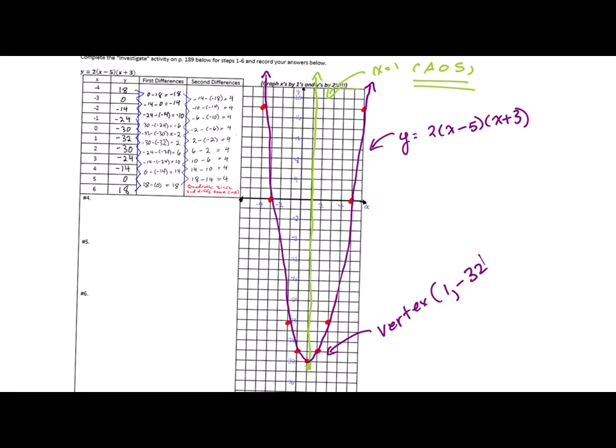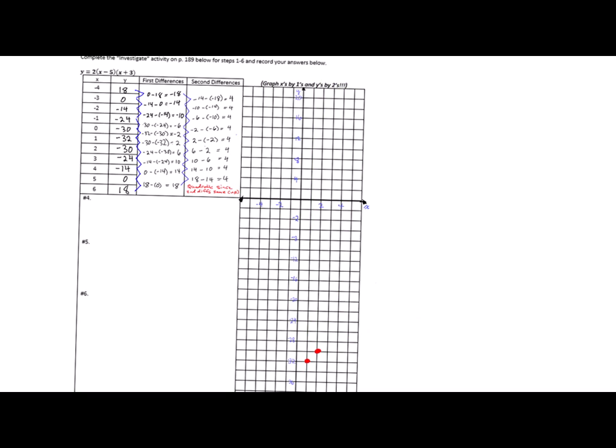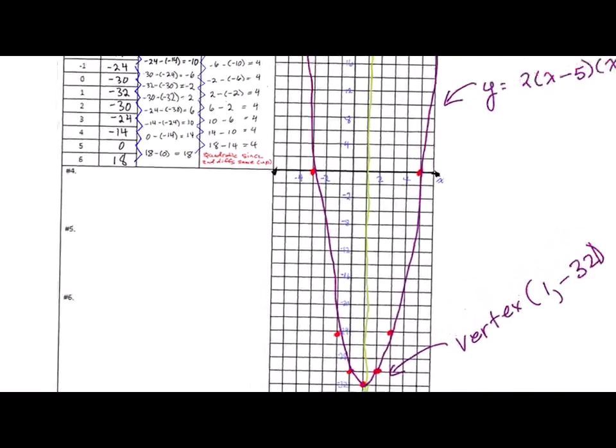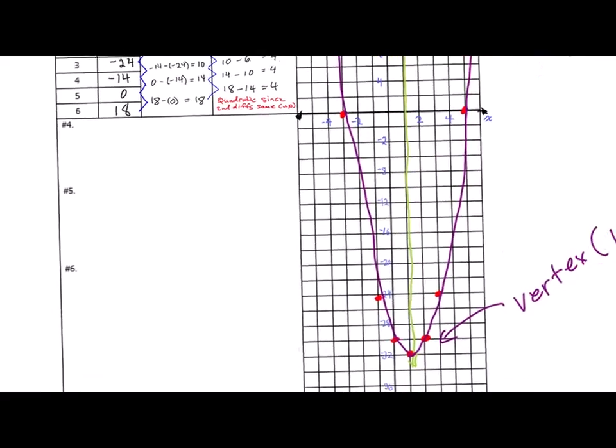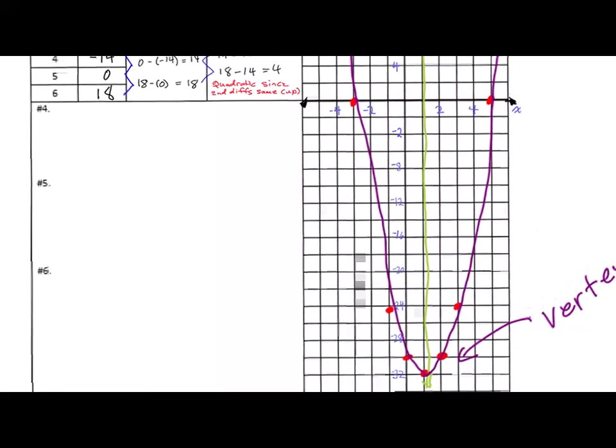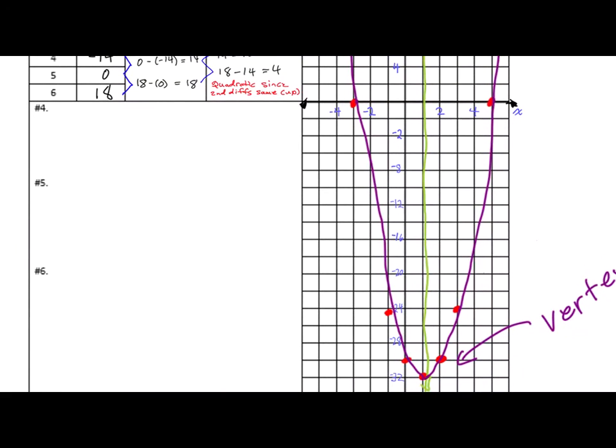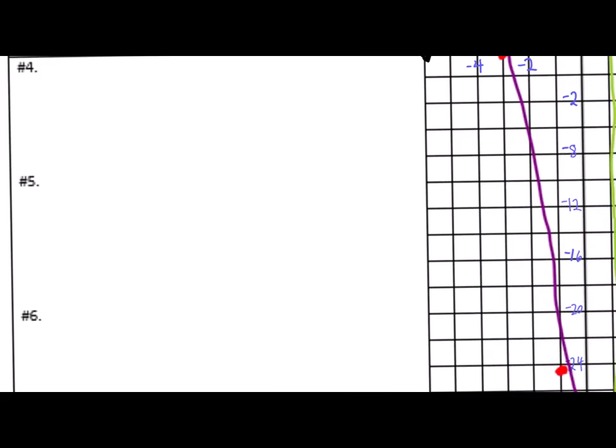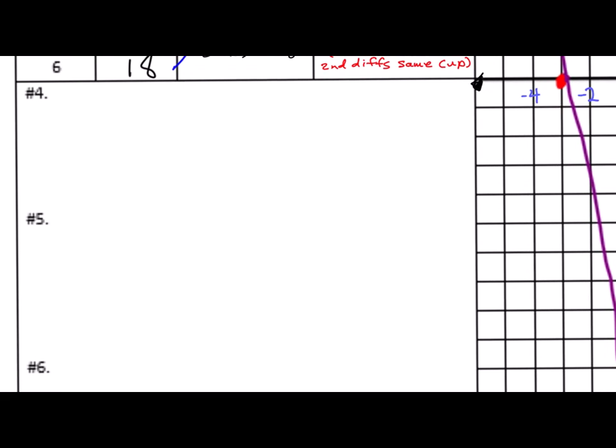Now let's go and answer some questions about these graphs. So the first thing that we need to take a look at is how the x-intercept relates to our basic equation. So you look at the x-intercepts.